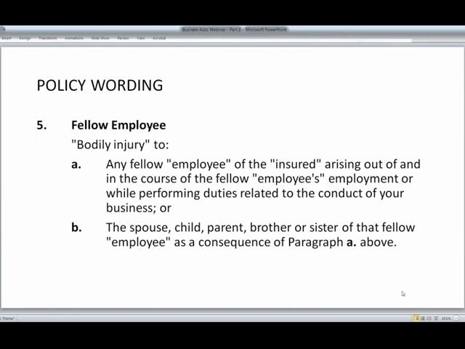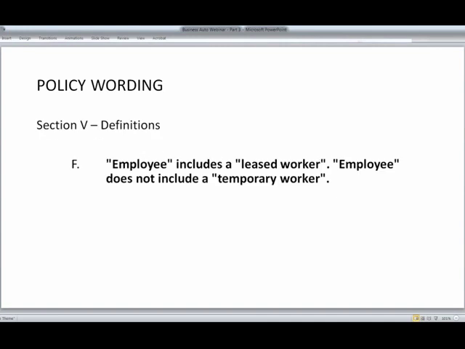So exclusions 3, 4, and 5, the simple answer from the insured standpoint is you want to make sure they have work comp coverage in place. You do have to worry about the hold harmless and contractual agreement for the exceptions to exclusion 4. The definition of employee includes a lease worker, but not a temporary worker.